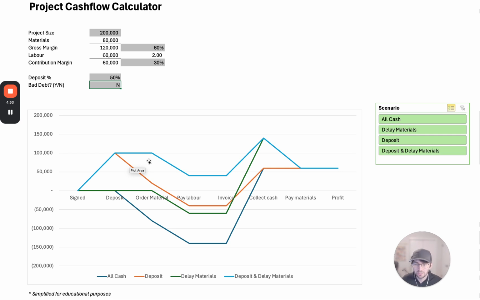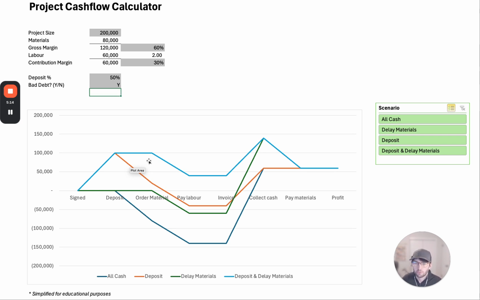Now, the thing to keep in mind also is that we have assumed that we are actually getting paid in every one of these projects. And it does happen that a project doesn't end up getting paid out for whatever reason. This is not a completely uncommon scenario.